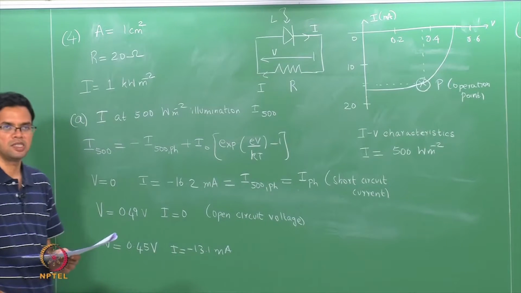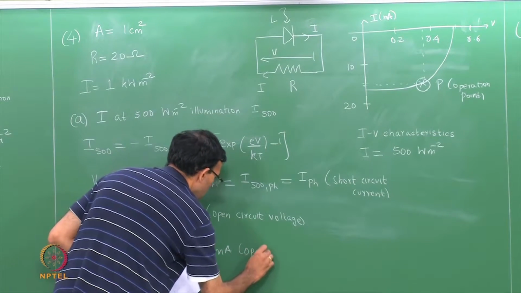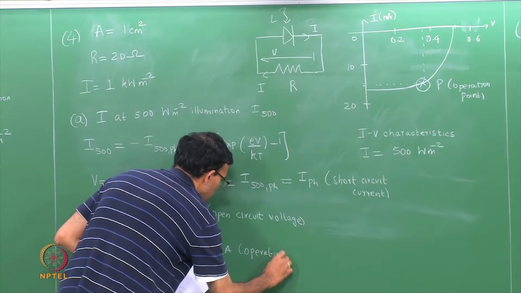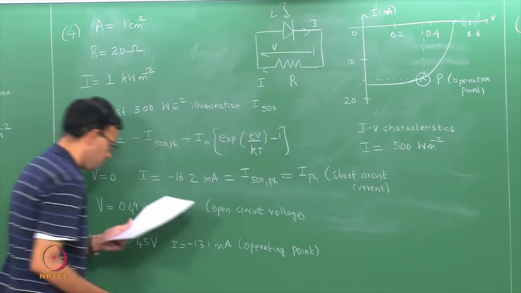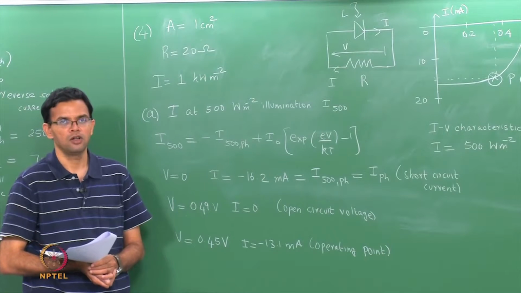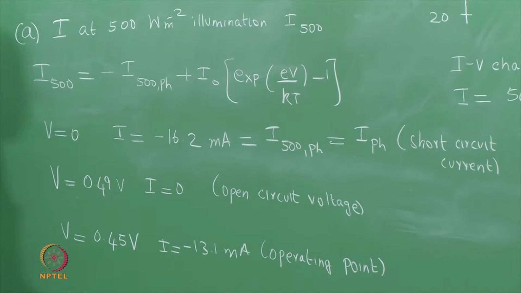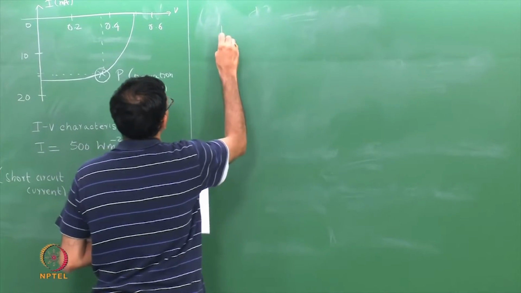So, this represents the operating point for the circuit. So, we now have to use these to calculate the values when your solar cell is illuminated with 1 kilowatt per meter square. So, once again let me write the expression.